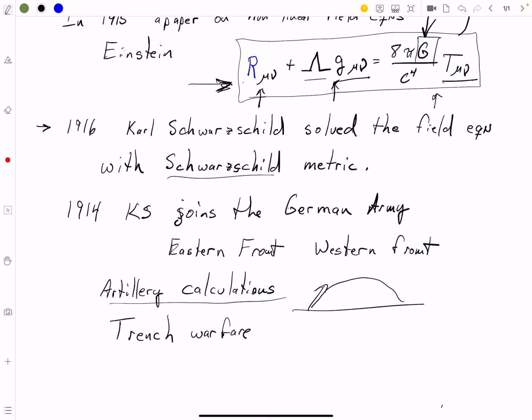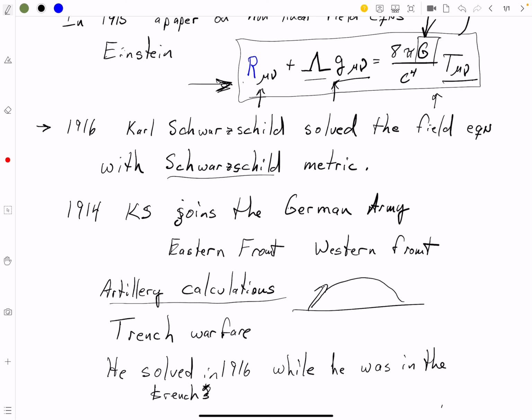This is the situation in which he did his work. He solved the whole thing in 1916. It took him some time, but he was basically in the trenches while he was fighting. It's amazing for me to even think of anybody who could do this.